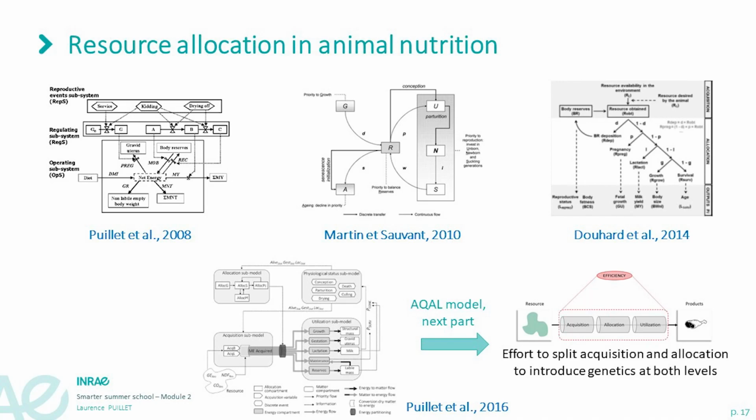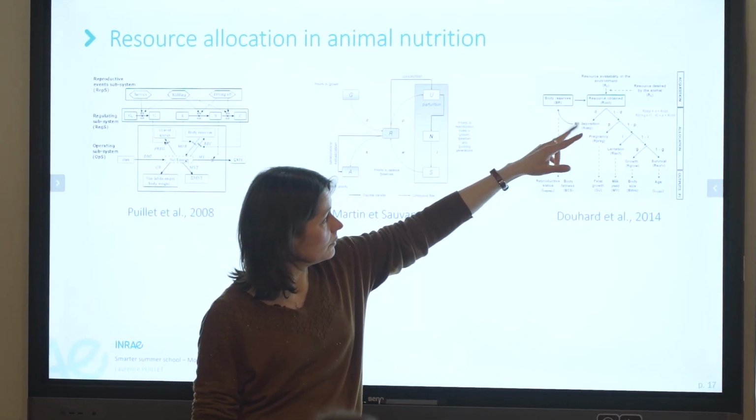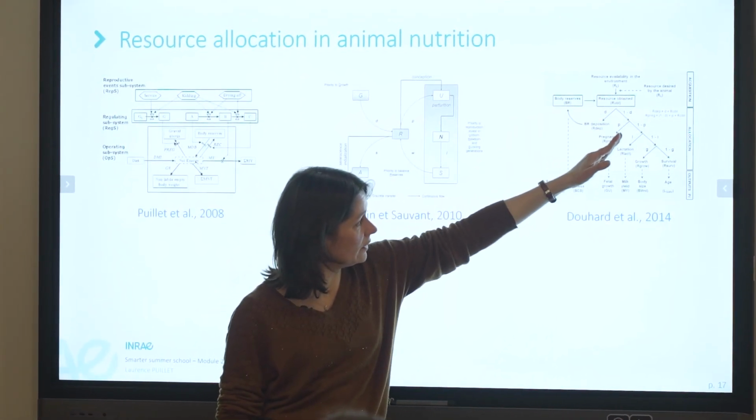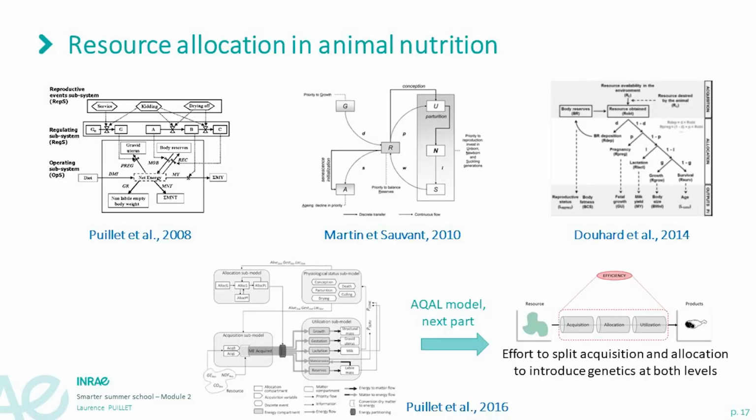Another model is the one from Fred that he developed almost 10 years ago. It's a view not based on priority but directly on allocation coefficients: the resource obtained is split between body reserve deposition, then the leftover goes to pregnancy, then the leftover to lactation, and so on.